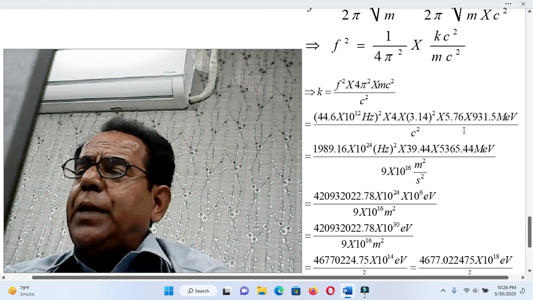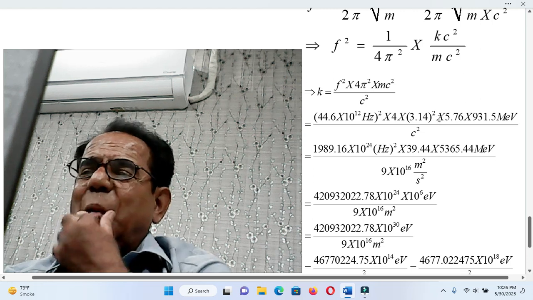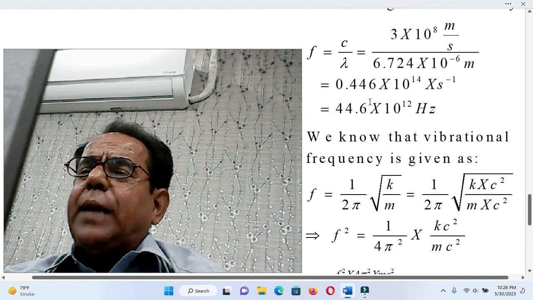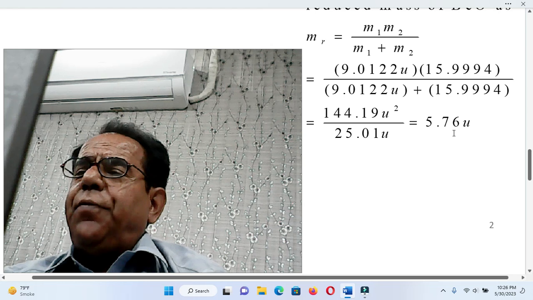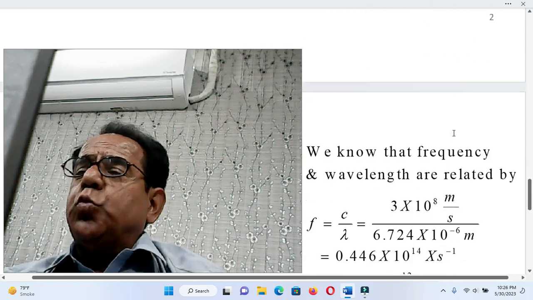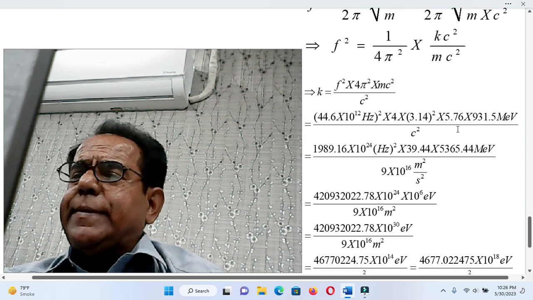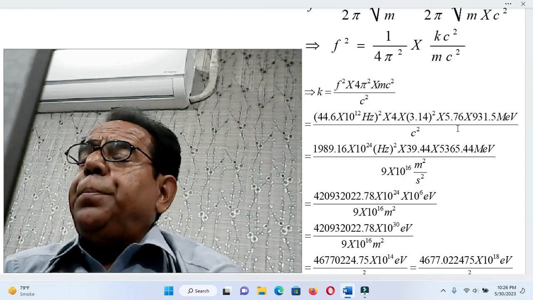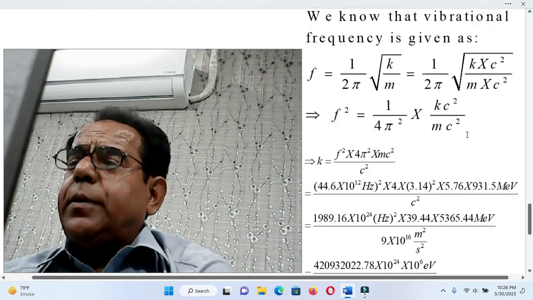Here we have just used the value of m because c square has been cancelled with c square, and reduced mass m is equal to 5.76 u. Here u does not appear because in place of u we have used this value.